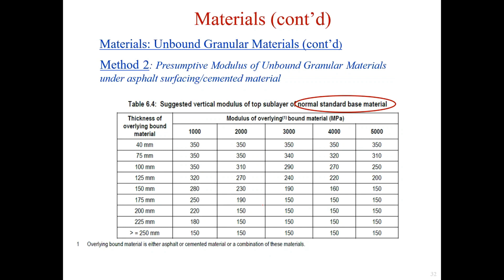The presumptive vertical modulus of the top sublayer of normal standard base material under asphalt surfacing or cemented material can be seen from this table. This table 6.4 and 6.5 in the next slide could be used as a guide when assigning maximum vertical modulus value to base quality crushed rock materials and asphalt surfacings when other more reliable information is available.